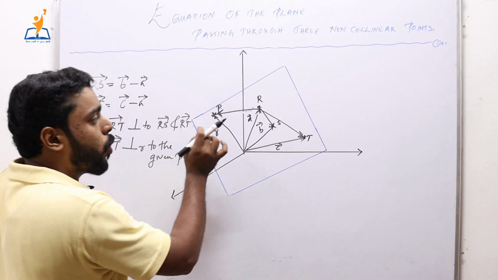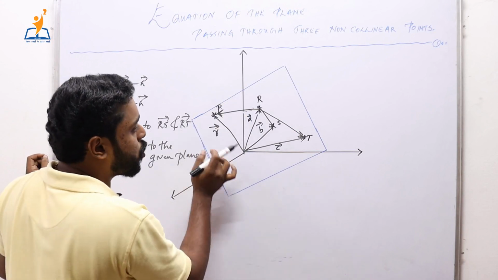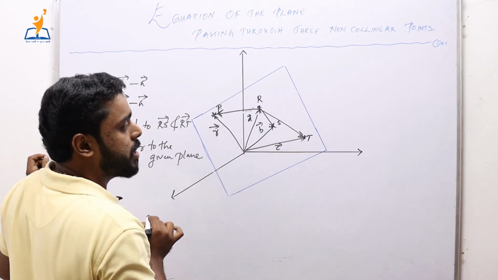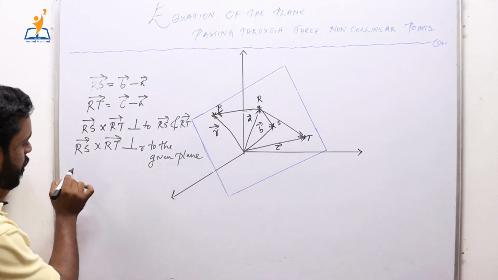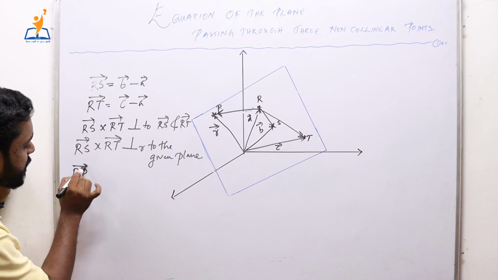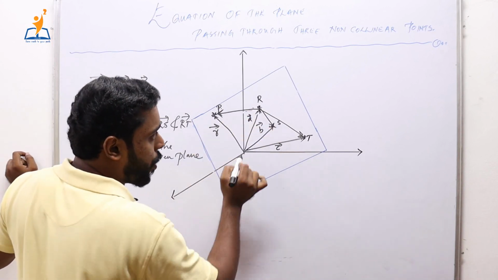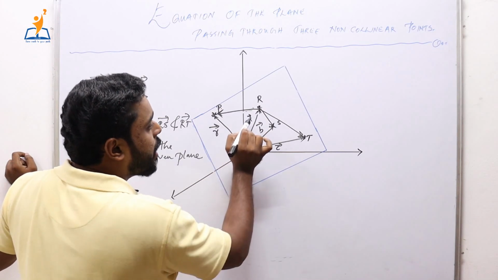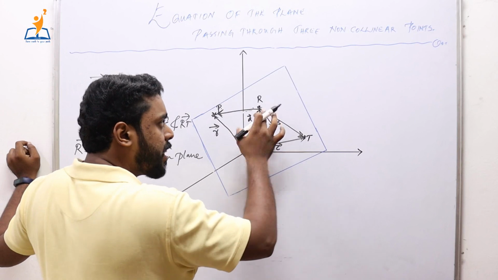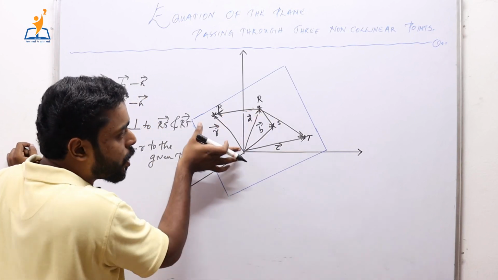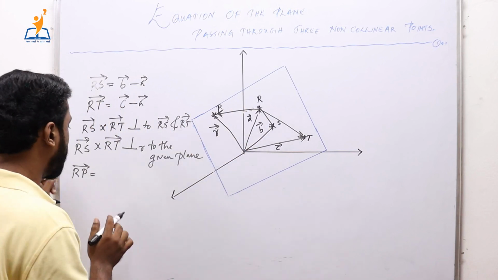Okay. Now we know that P is an arbitrary point in the plane and the position vector of P is given by r, isn't it? Now observe the vector RP. RP is nothing but r minus A, isn't it? Why? Because vector A plus RP is equal to small r by the vector triangular law of vector addition.